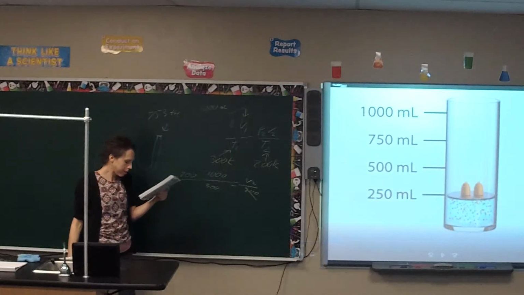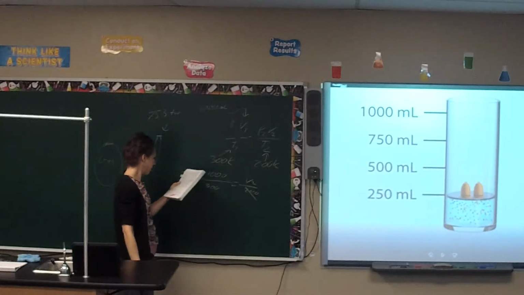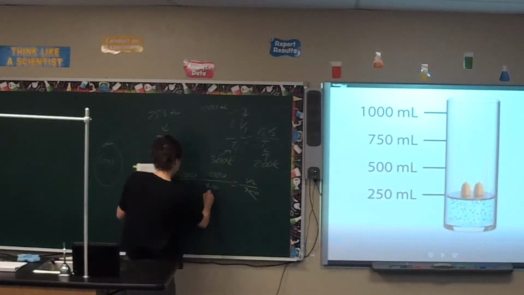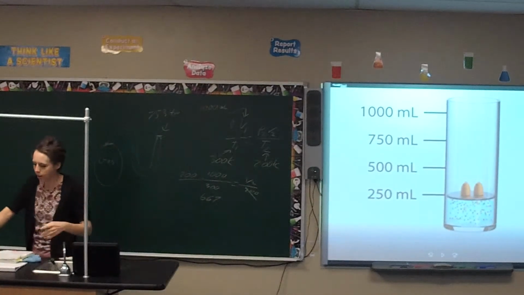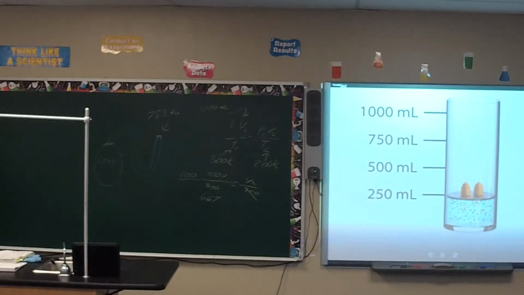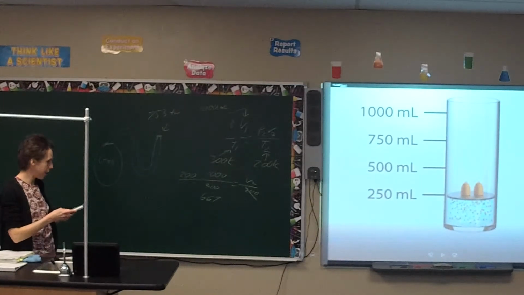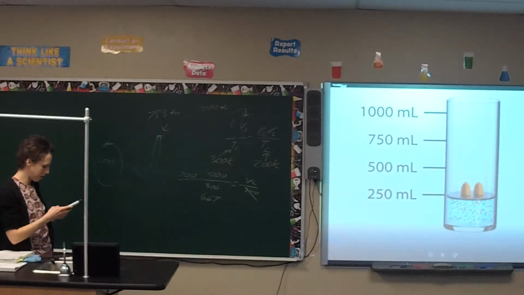All right, so the answer for this one turns into 667 with 3 sig figs, if you type it into your calculator. I didn't write that one down. Let me punch that one in. So that's the approximation. 200 times 1,000 divided by 300.